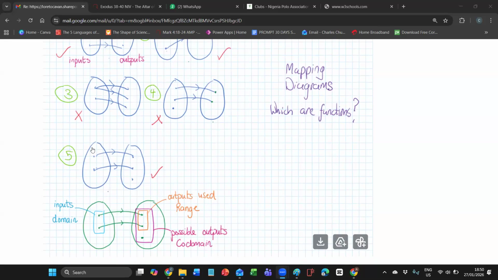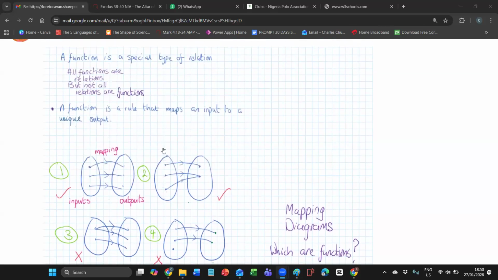Number 5 maps all the inputs to a unique output. But then there are some values in the set for the output that don't have any input mapped to them. That one is allowed. Why?